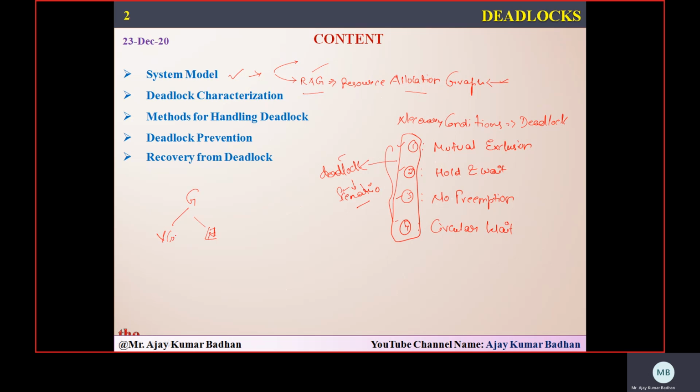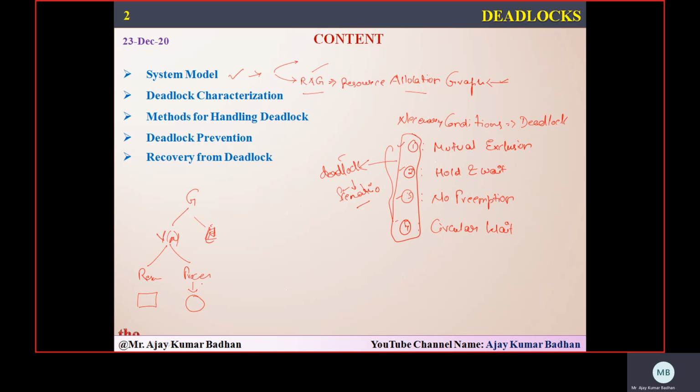Vertices we call nodes, and here we call them edges. And these vertices we classified into two types: one for resources and another for processes. Processes we represent using a circle, whereas resources we represent with a rectangle.